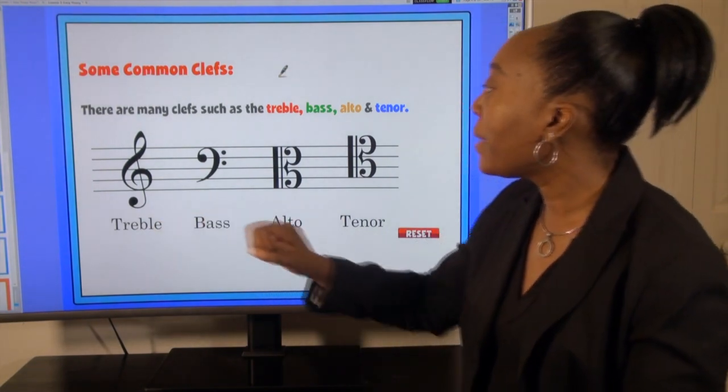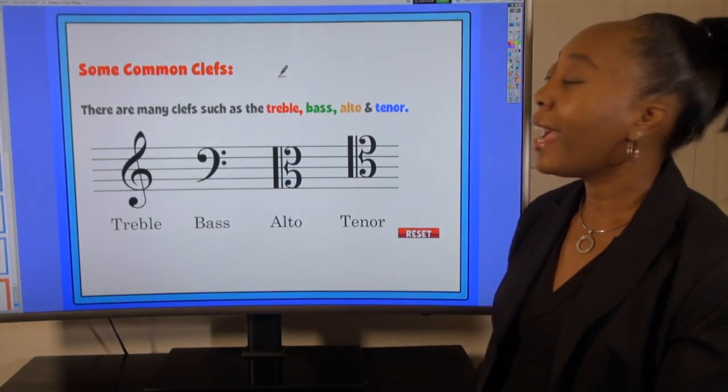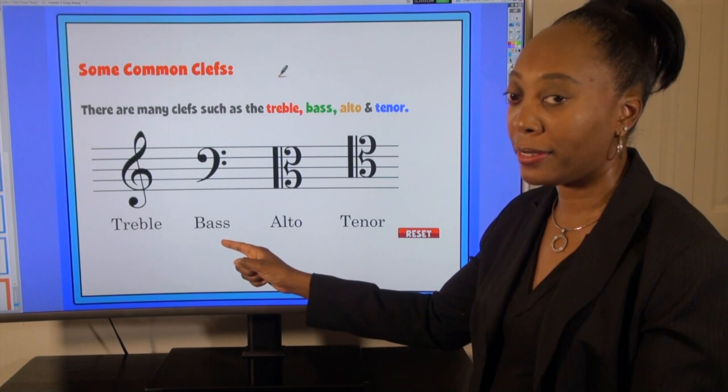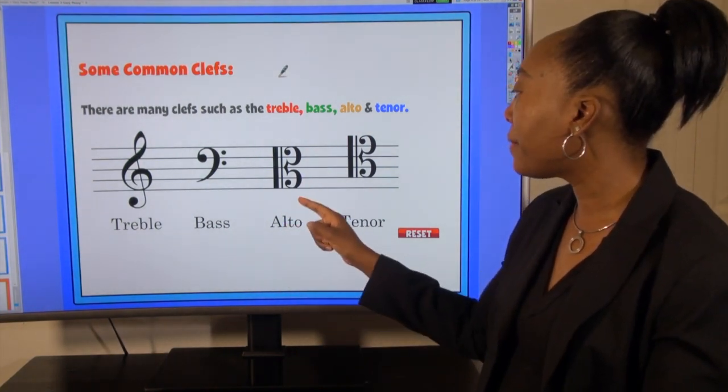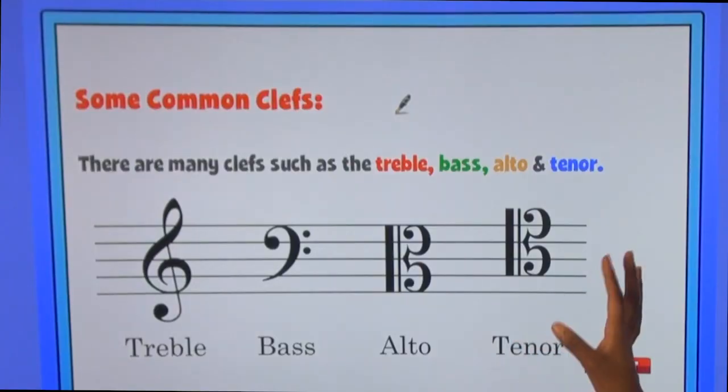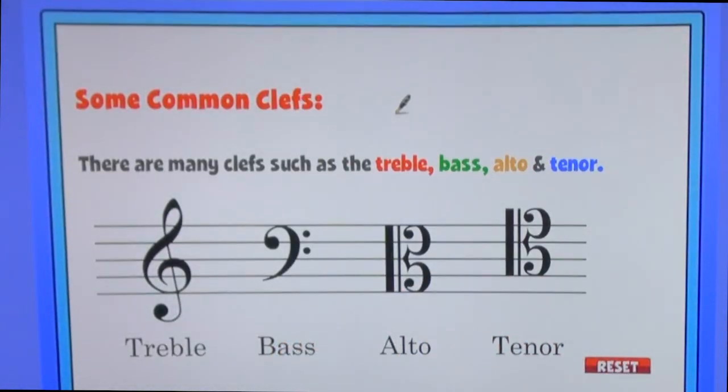Well, here we have the treble clef, and then we have the bass clef, yep, and we have the alto clef and the tenor clef. So these are some sample clefs. But in this lesson, we're going to talk about the 2 most common clefs. And that is, oh, you're so smart.